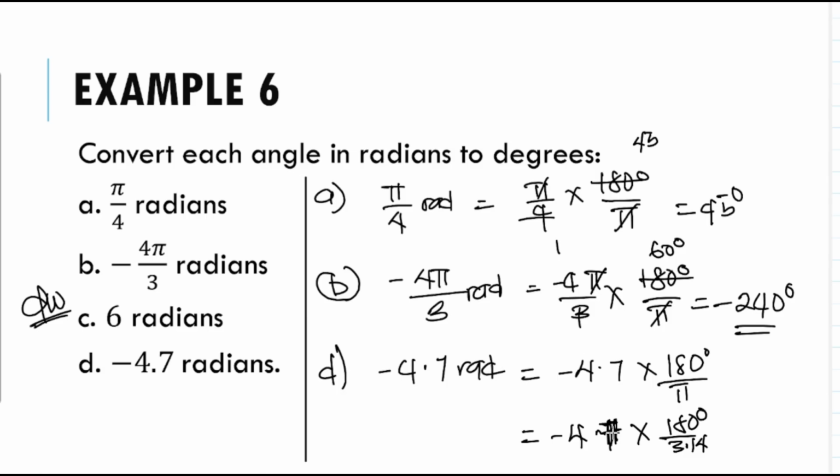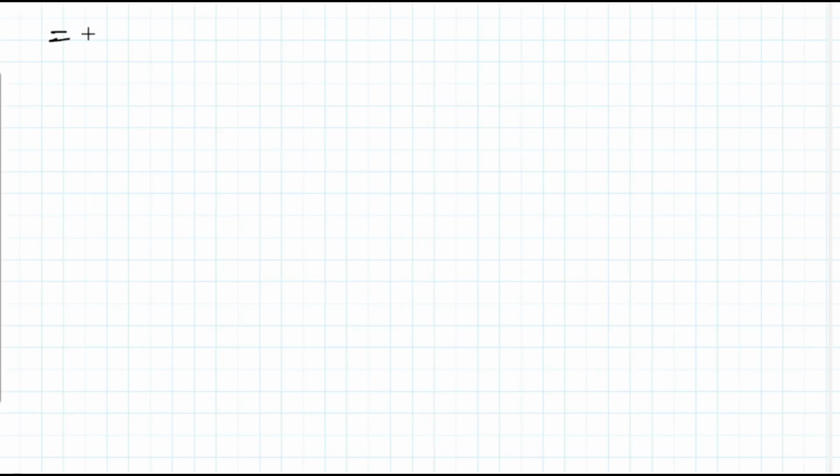Alright guys, 4.7 divided by 3.14. So that will basically be 1.49. So that is equal to minus 1.49 multiplied by 180 degree.